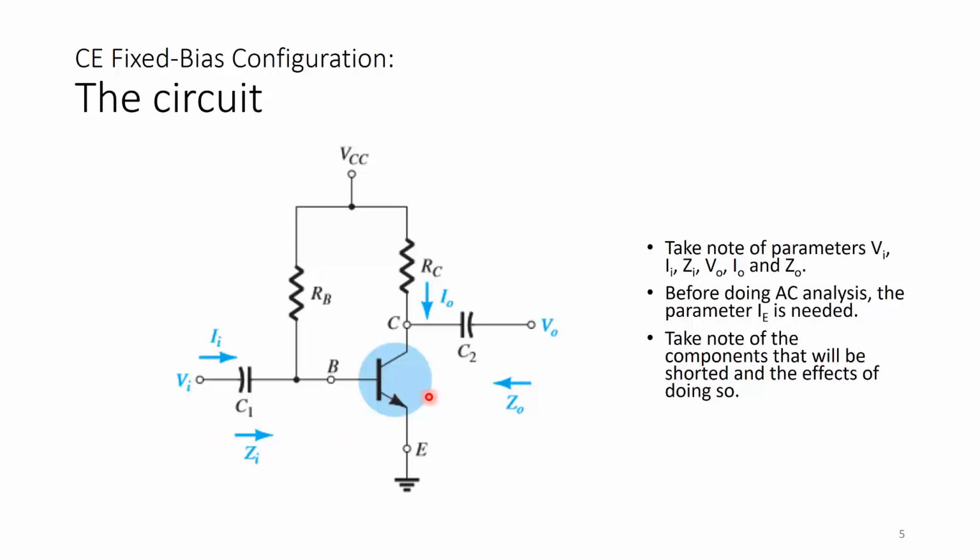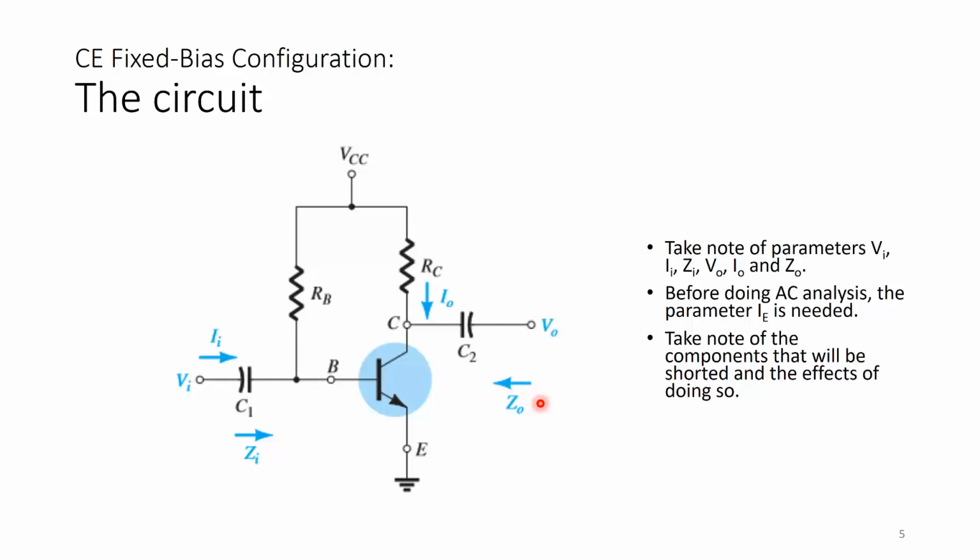Okay, and Iout is the current through RC entering the collector, and Vout is positive at the collector terminal, and Zout is the impedance when you look back into the amplifier at the output port.